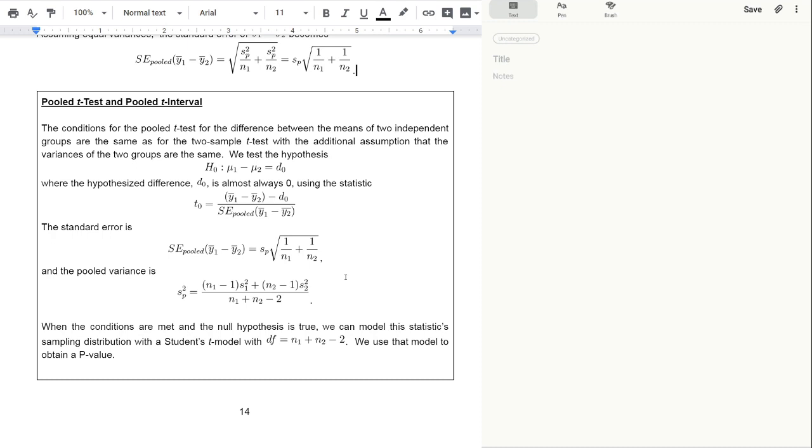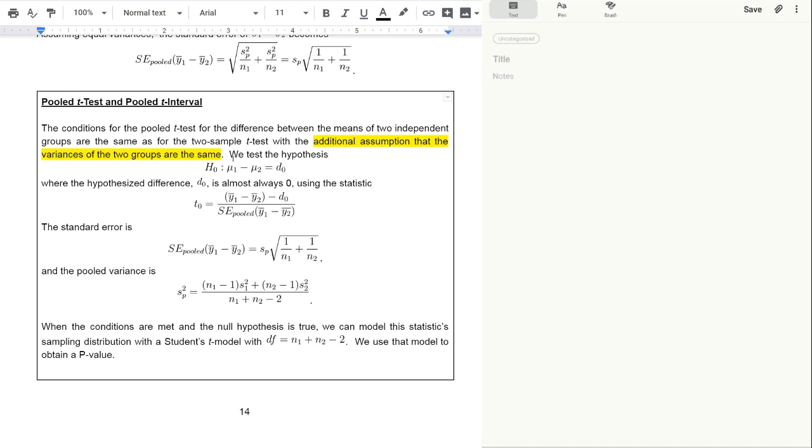So the assumptions and conditions are the same as the two-sample t-test, but we have the additional assumption where the variances are equal. Okay, so if we have equal variances, then we're going to use a pooled t-test.